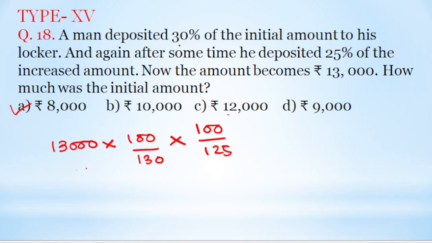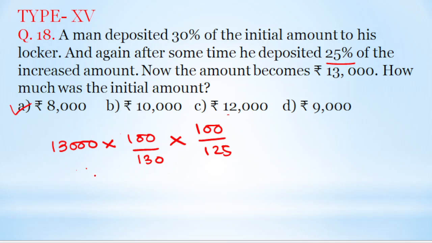Because one value is 30%, so 100 plus 30 is 130, and one value is 25%, so 100 plus 25 is equal to 125. Because both are increased, that's why we are adding these values to 100. If it decreases, then we have to subtract it from 100.